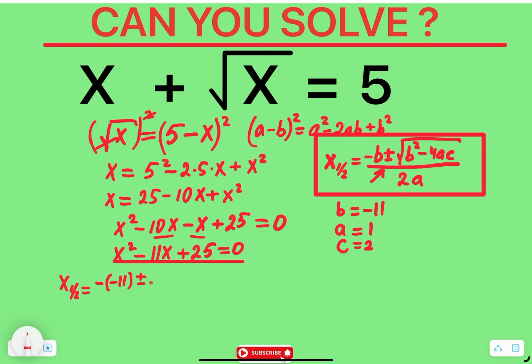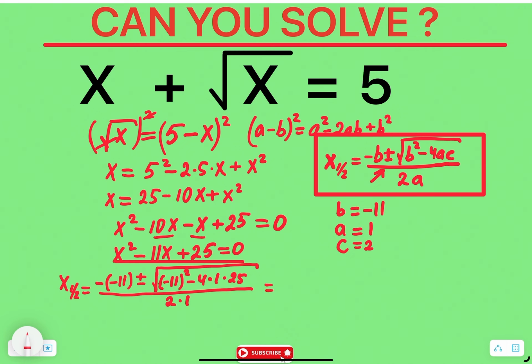Plus and minus the square root of b, which is negative 11, so negative 11 squared, minus 4 times a, which is 1, and c, which is 25. Divided by 2 times a, which is 1.